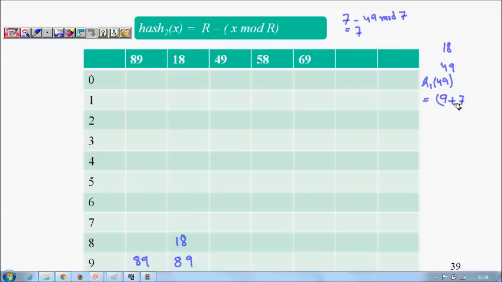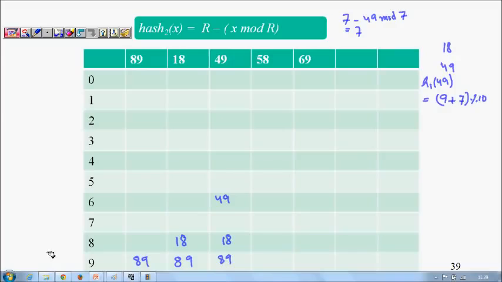So (9 plus 7) modulo 10, so 16 modulo 10, which is 6. So 49 will come here, and we have 18 and 89.